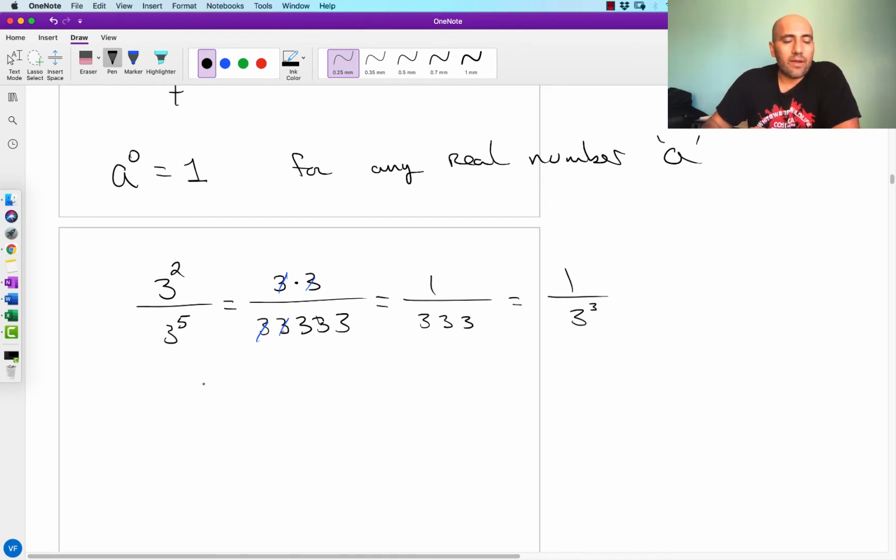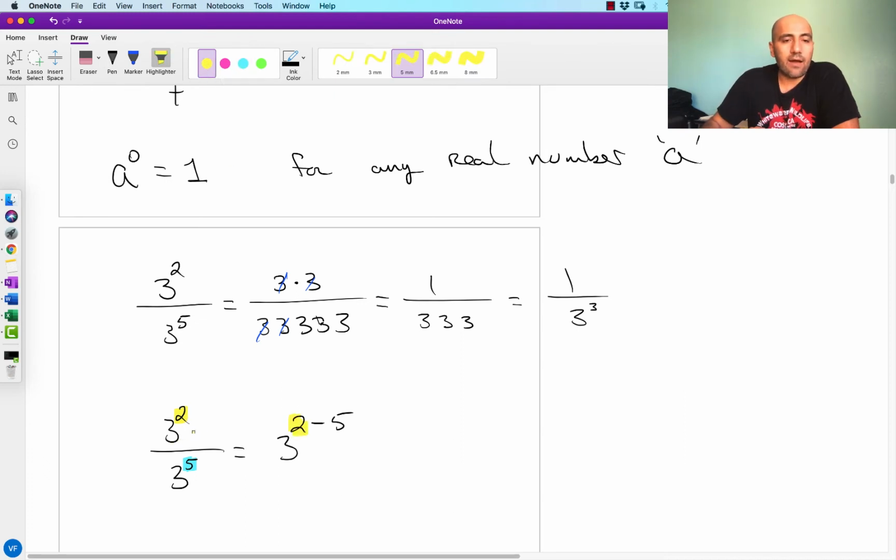Okay, but what about my rule? Let's keep our rule in mind. That was 3 to the 2nd power over 3 to the 5th power. And remember, I've made a big deal that the order matters, so this has to be 3 to the power of this one minus this one. So this will be 2 minus 5, where this is the one from there.